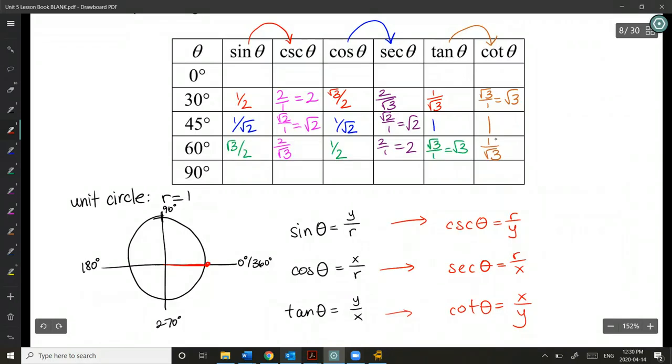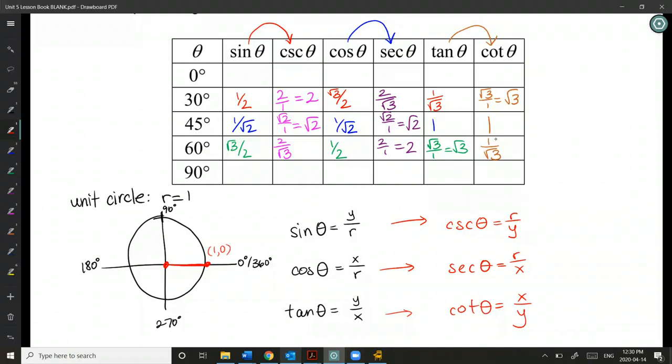Now let's think about this for a second. If I'm measuring from here to here and the radius of this circle is equal to 1, if I think about this in terms of an xy coordinate, if I go 1 unit over on the right on the x-axis, this is actually the point where x is equal to 1 and y is equal to 0. This is the point (1, 0).